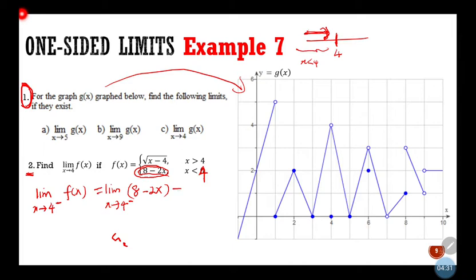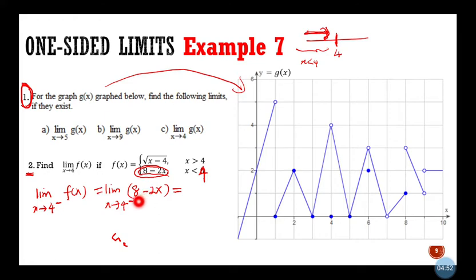So all you have to do here is just put in the value 4 inside this function. You don't have to care anymore about the minus sign here. This minus shows that it is from the left, and it is an indicator for you to choose whether the first or the second function.